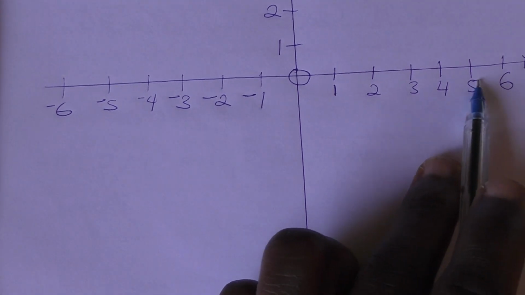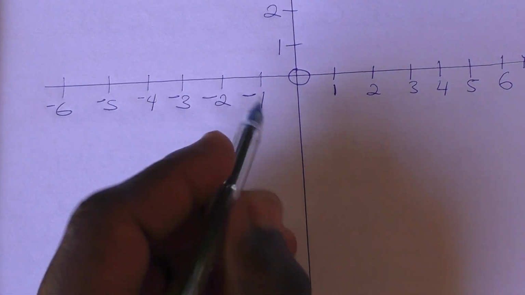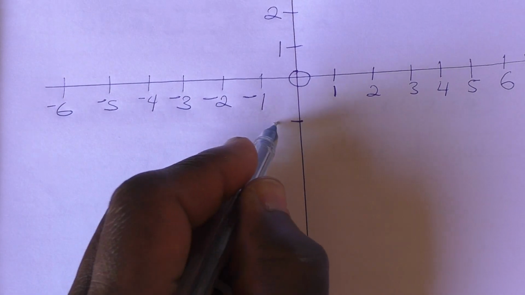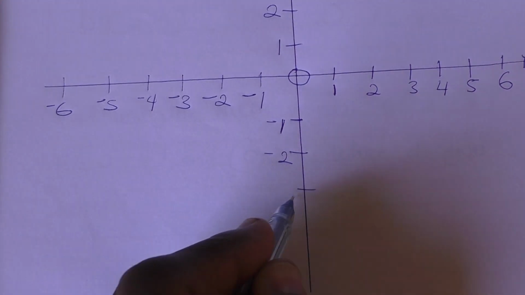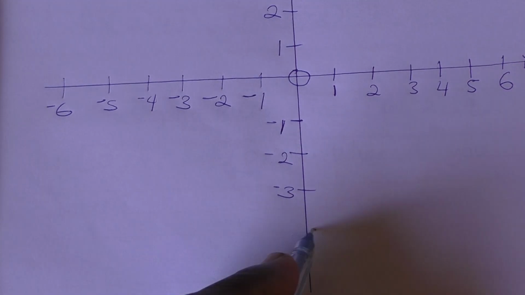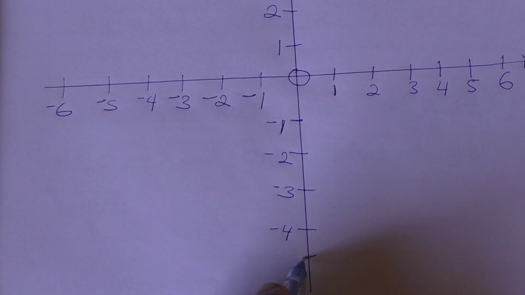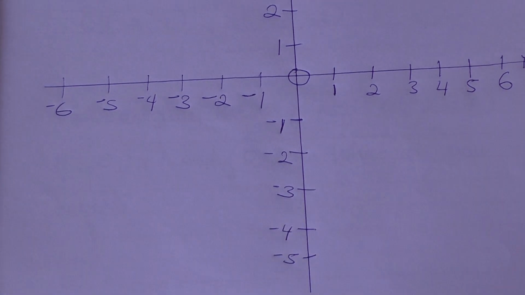And below the x-axis, the y is negative, that is -1, -2, -3, -4, -5.